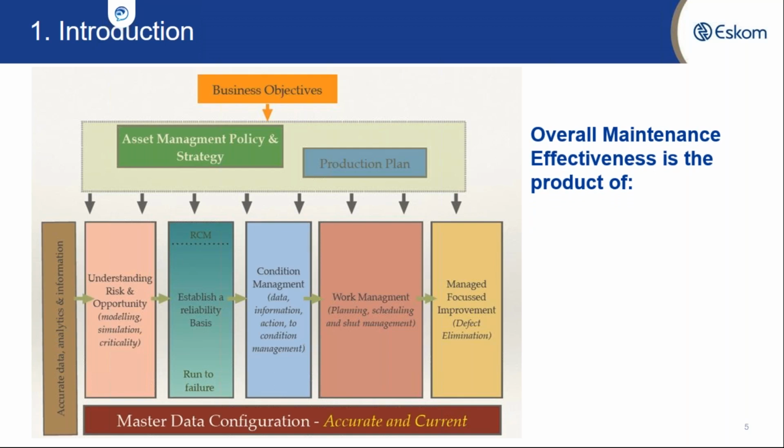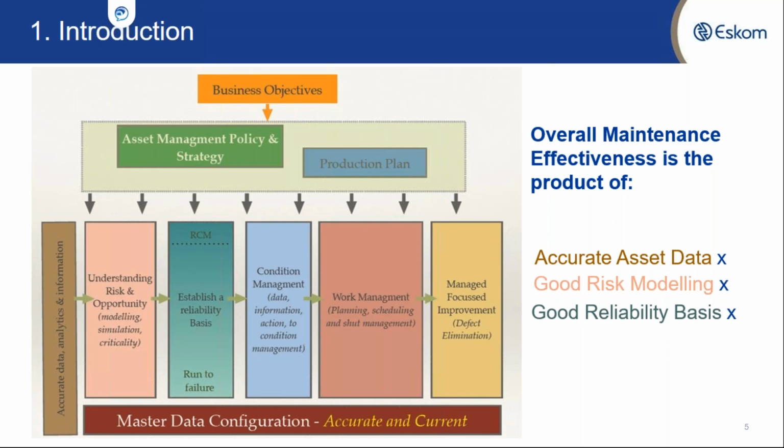So, to summarize what this model is actually telling us: the overall maintenance effectiveness is a product of accurate asset data, good risk modeling, good reliability basis, good work management, and good defect elimination. As you can see, these various elements are being multiplied.